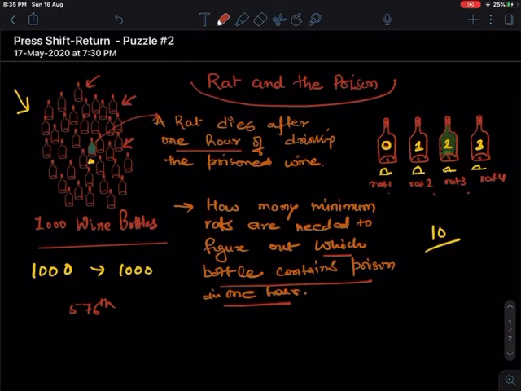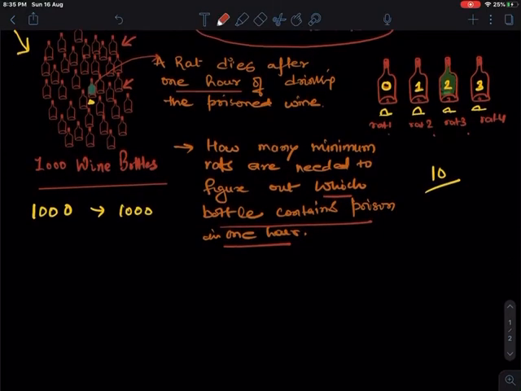The bottles will remain constant, but the number of rats can reduce. So if I move from decimal to a binary problem, what would really happen is that the 1000 wines will remain 1000 wines, but the 1000 rats will become how many?